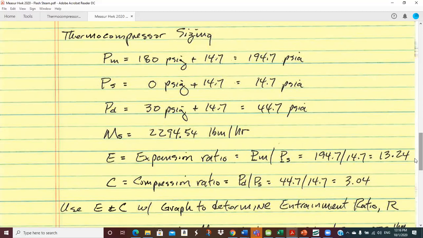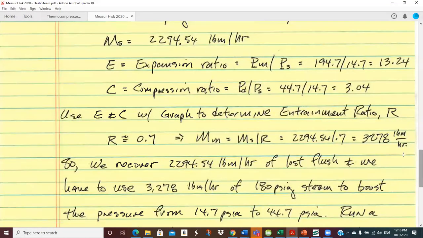So remember 13, and then the compression ratio, 44 is the discharge pressure divided by the suction pressure. So 44.7 divided by 14.7, just a tad over 3. Okay, and then you're supposed to read this entrainment ratio R off of their curves. Okay, so let's take a look.